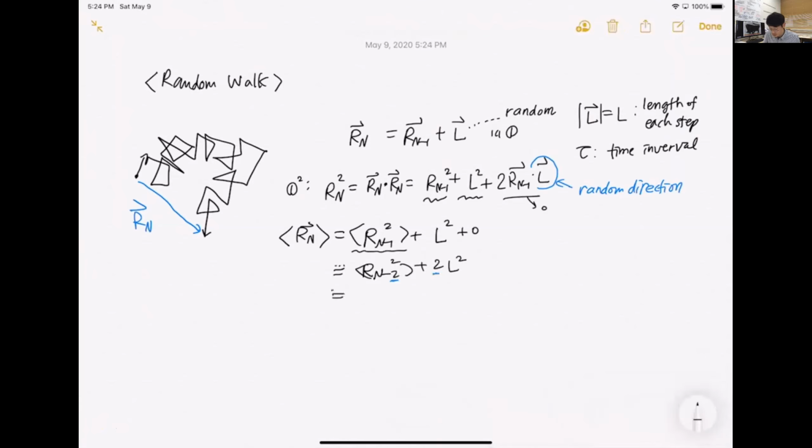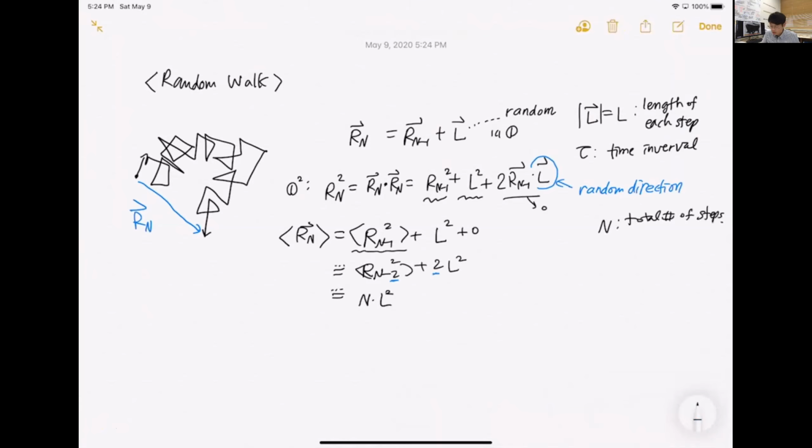We can go further and further. It will eventually be n times L squared. So that's what you will find out. And this n is the total number of steps.